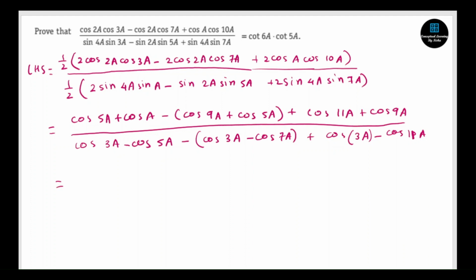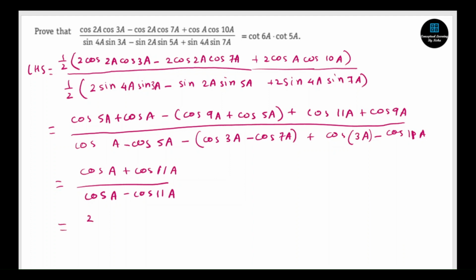and cos 5a will get cancelled out. So I'll get cos a plus cos 11a over, and minus cos 11a. Now we have to apply the rule again.